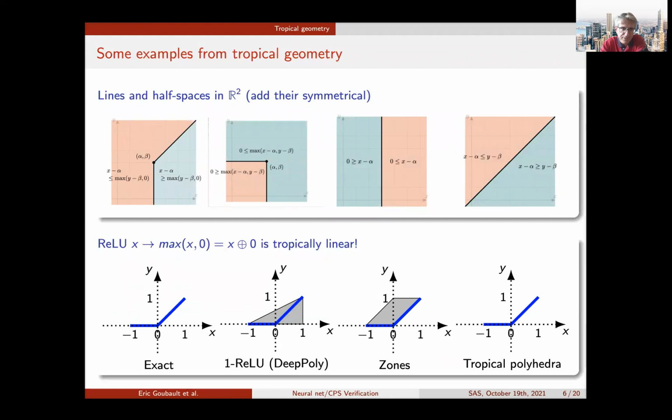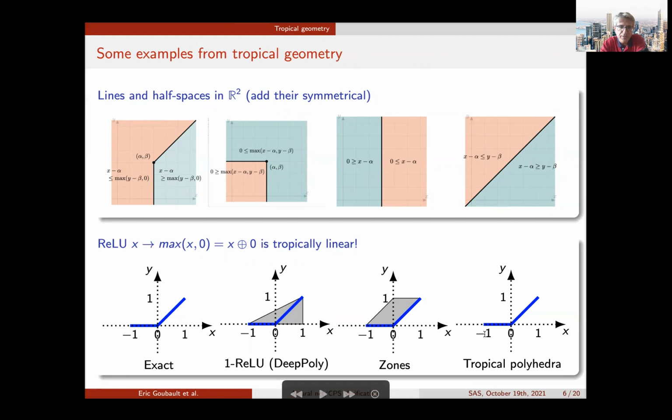If you look at the plane, then these half spaces are of one of these shapes, and they're symmetrical in pink and in blue. And of course, if you think about the ReLU function itself, its graph on -1, 1, which is this blue broken line, it is just a tropical segment.